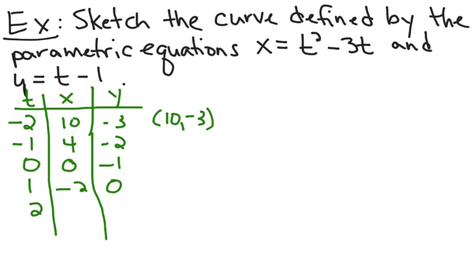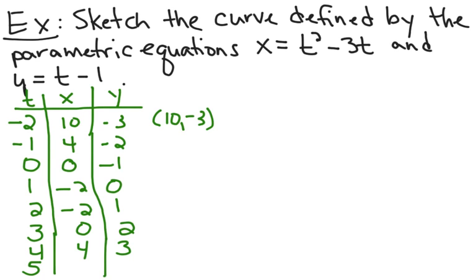When I plug in 2, I get negative 2 for x and 1 for y. When I plug in 3, I get 0 for x, 2 for y. When I plug 4 in for t, I get 4 for x and 3 for y. And when I plug in 5, I get 10 for x and 4 for y. So these are the ordered pairs that I'm going to graph.